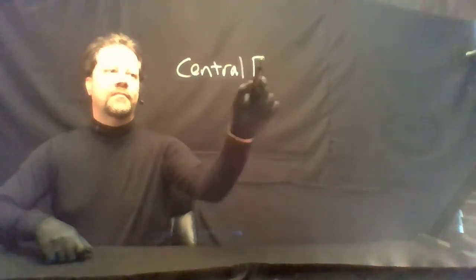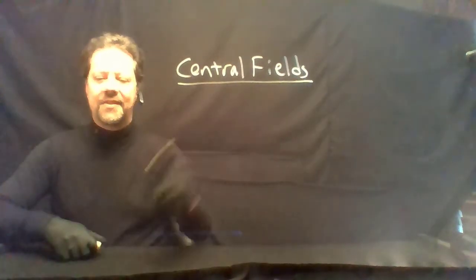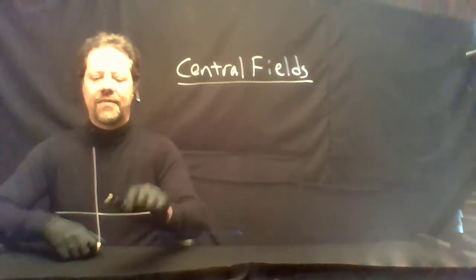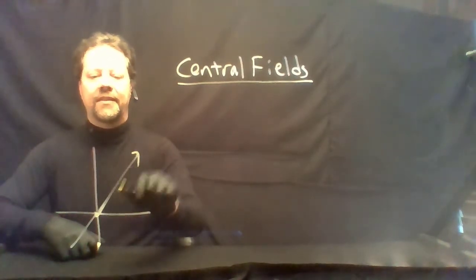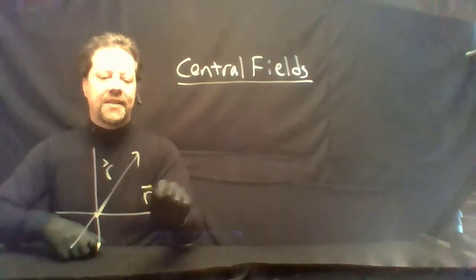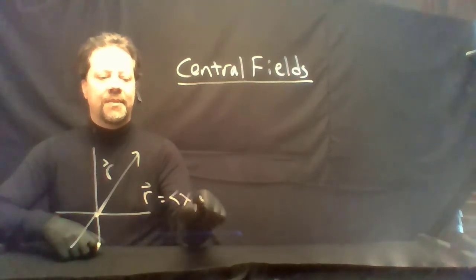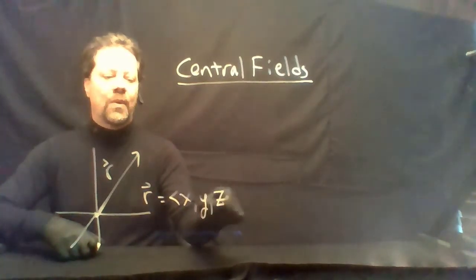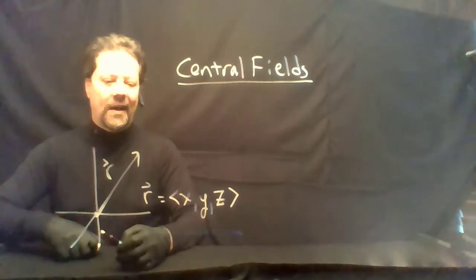There are fields called central fields. To describe a central field, let's first describe the position vector of objects in space. Suppose a position vector has coordinates x, y, and z.